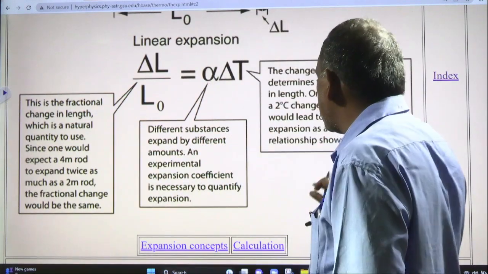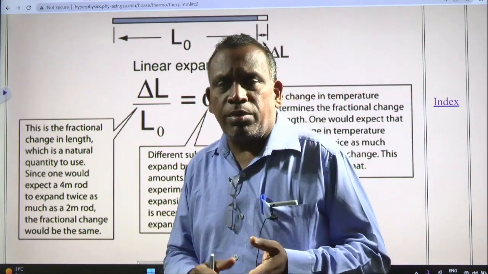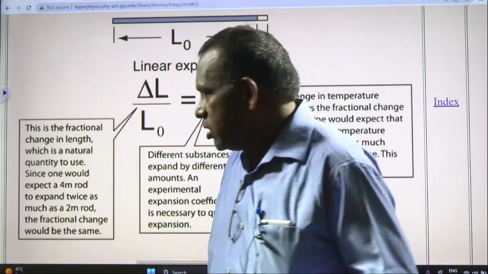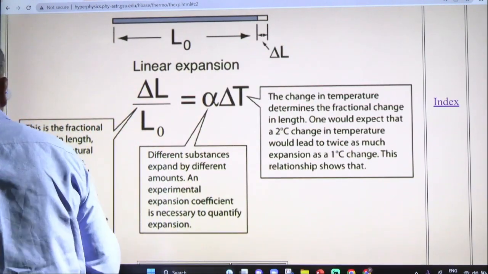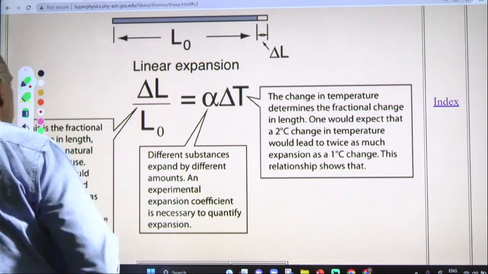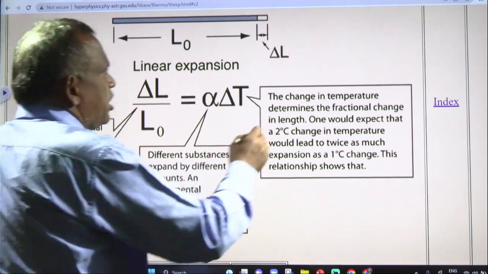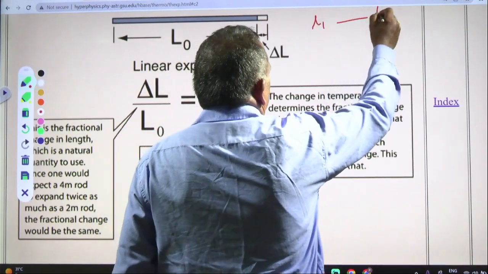That you should understand. And another, change in temperature. Let us take L1 as the initial length of the object at temperature T1.